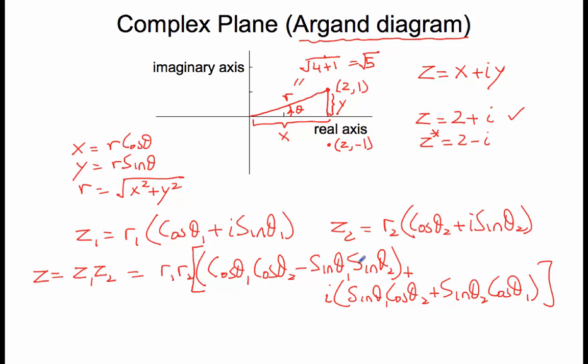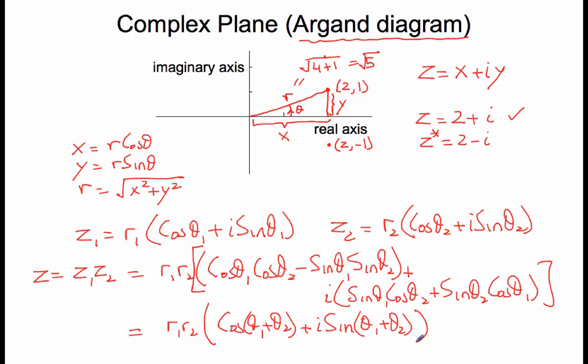And now this term over here, cosine theta 1 cosine theta 2 minus sine theta 1 sine theta 2, is simply r1 r2 cosine of theta 1 plus theta 2, and this term over here is I sine of theta 1 plus theta 2.